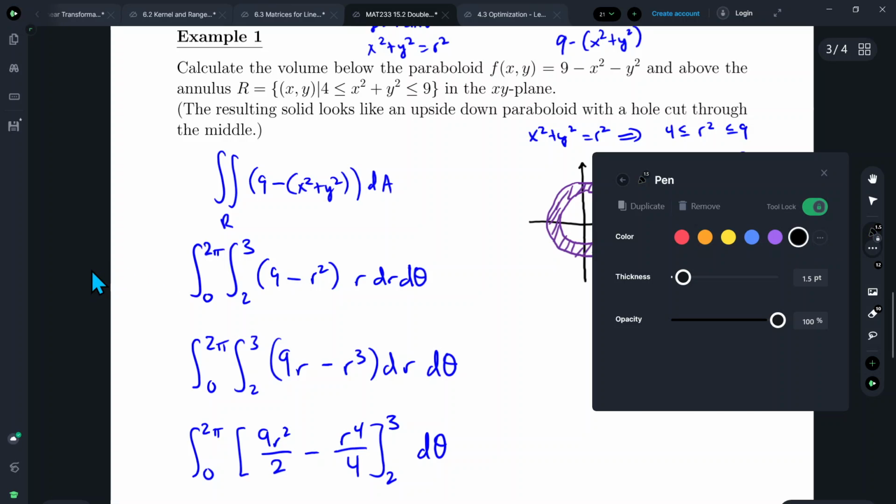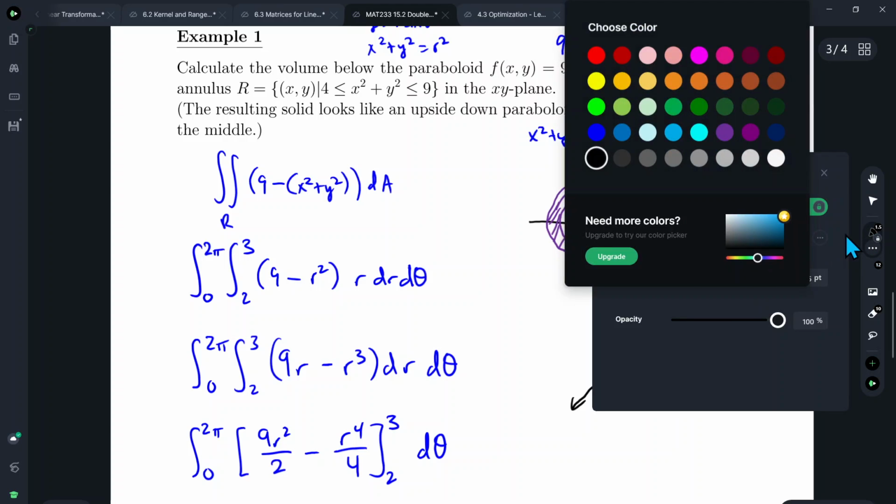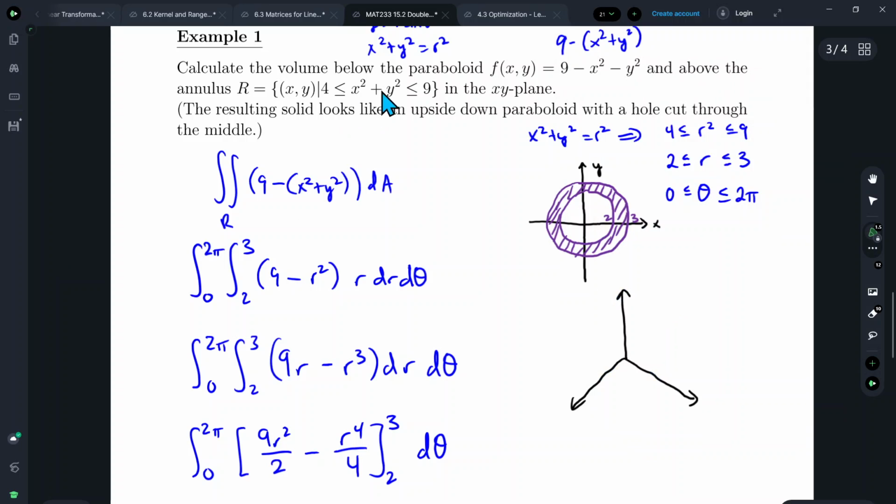And so let's just quickly try to sketch what the volume we're trying to calculate is. Here the graph of the function is supposed to be a paraboloid. However, the region that we're integrating over is an annulus. So you imagine in the xy plane you have your annulus here.